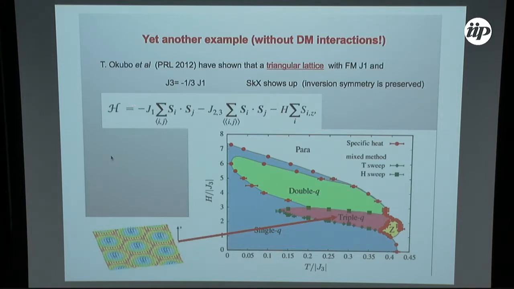And essentially what they took is a ferromagnetic first nearest neighbor triangular system with second or third frustrating coupling. So this is ferromagnetic, and one of the two is antiferro. For example, this picture here for this ratio. And in that case, well, this is a phase diagram, magnetic field versus temperature, and this pink region here is the Skyrmion lattice.